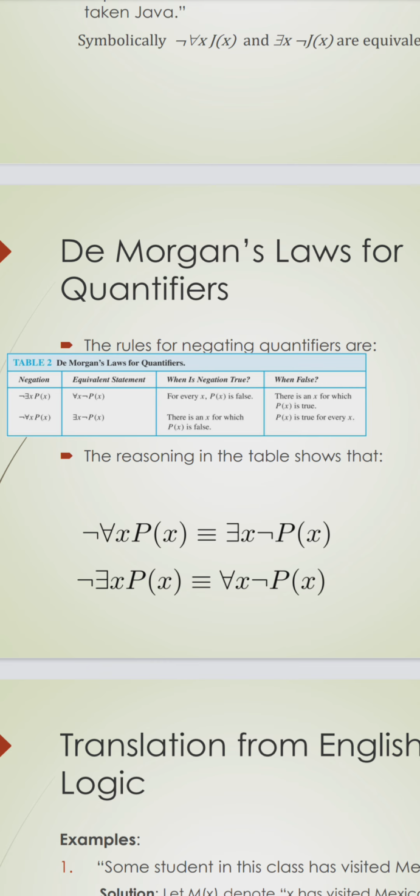This negation says p of x is false for every x, that is, it is false that there is an x for which p of x is true. The next negation, negation of for all x p of x, is equivalent to the existential quantifier there exists x negation p of x. There is an x for which p of x is false, so it is not the case that p of x is true for every x.